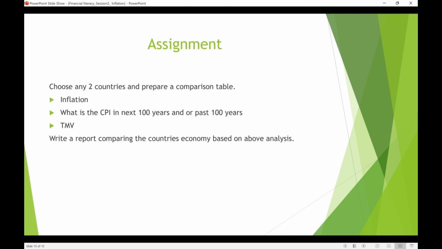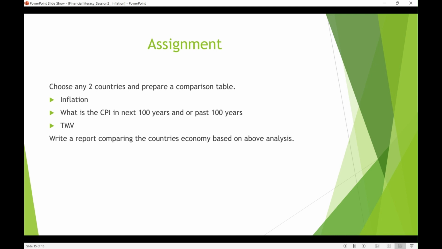Okay, guys, let's go to this small assignment. I hope you understand inflation in overview. We don't need to understand inflation in depth; if you have an understanding from an investing point of view, that's enough. Please go through online and work it out yourself.